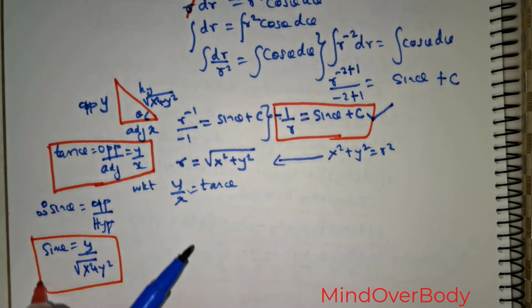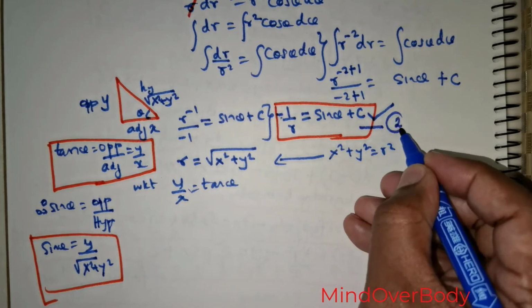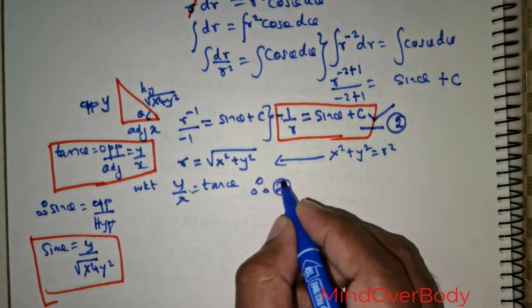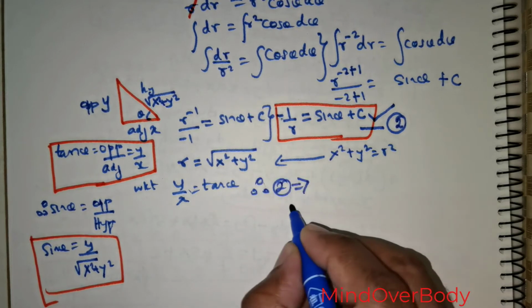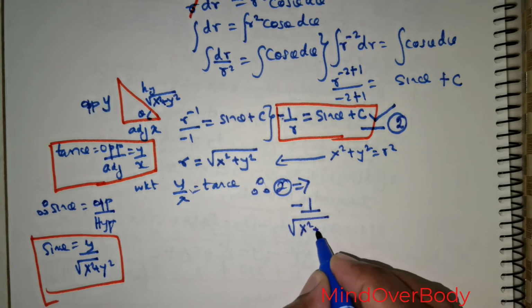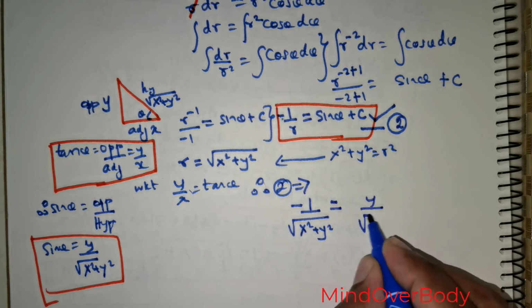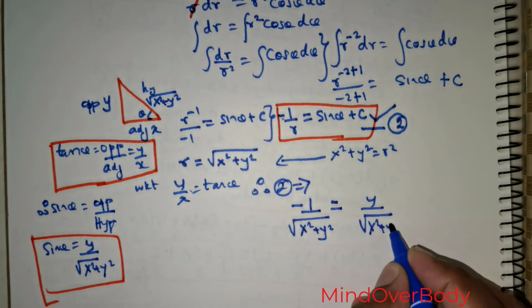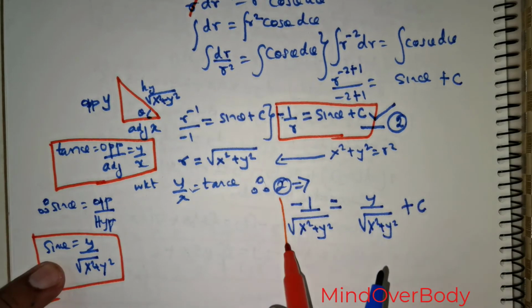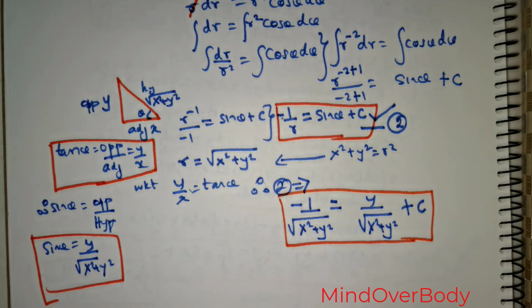So taking these values into equation 2, I can rewrite it as negative 1 over root of x squared plus y squared is equal to y over root of x squared plus y squared plus arbitrary constant c. So this is the solution in Cartesian coordinates.